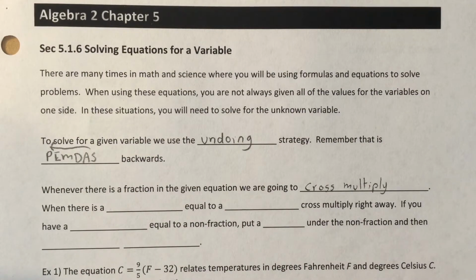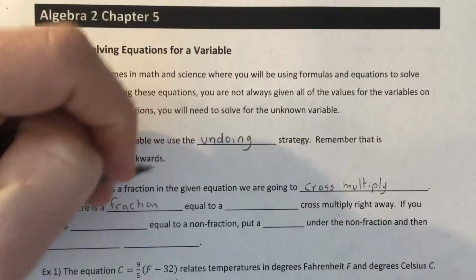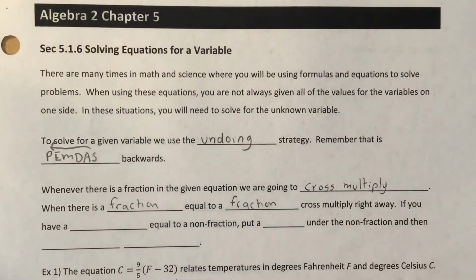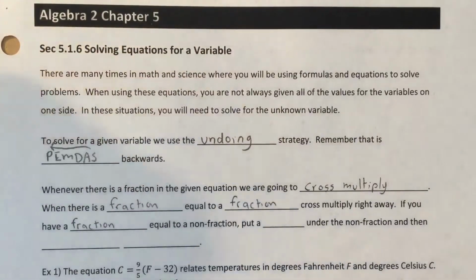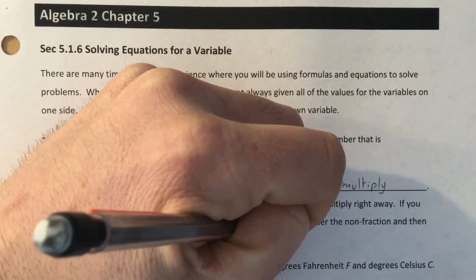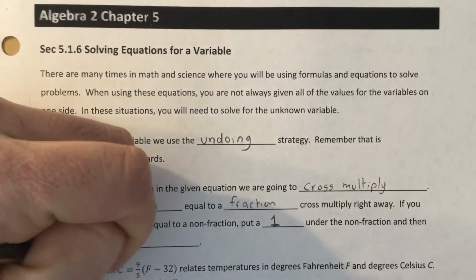When there's a fraction equal to a fraction, cross multiply right away. If you have a fraction equal to a non-fraction, put a 1 under the non-fraction and then cross multiply.